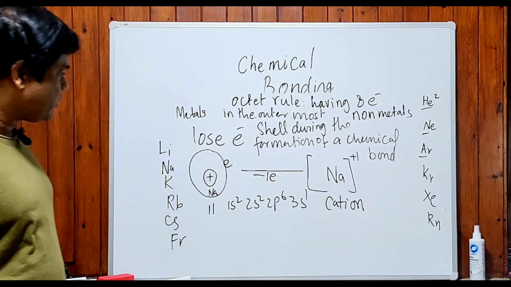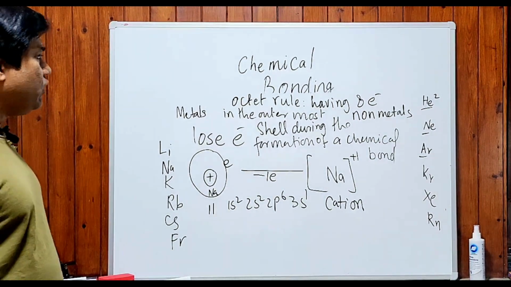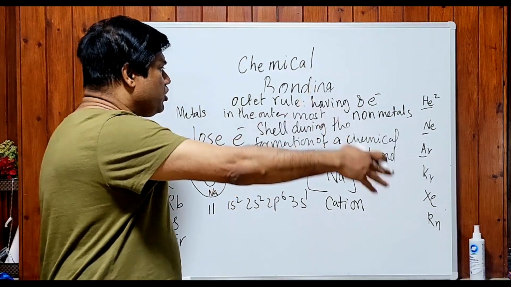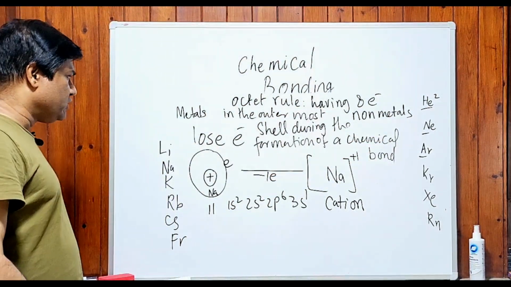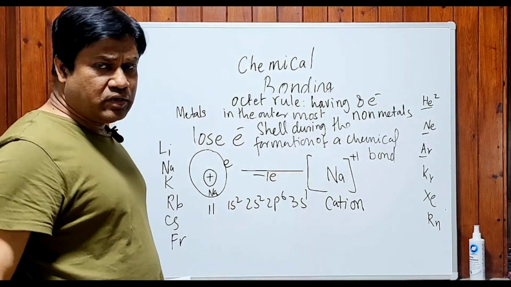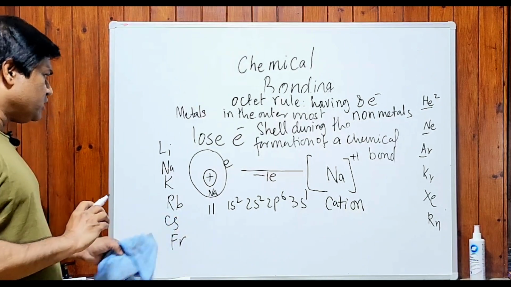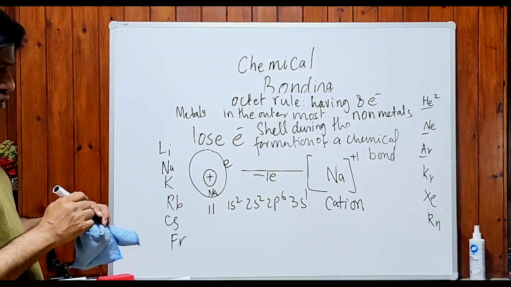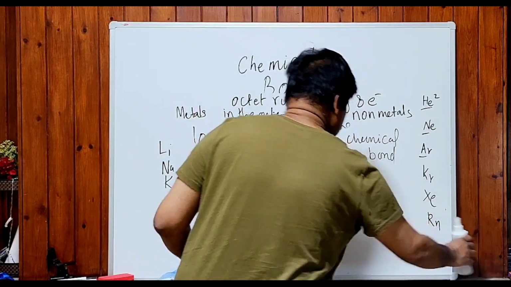Okay, that's fine, yeah? Now, on the other hand, look at the non-metals of the periodic table. As explained, non-metals are present on the right side of the periodic table. Let's take halogens, the group 7 elements.